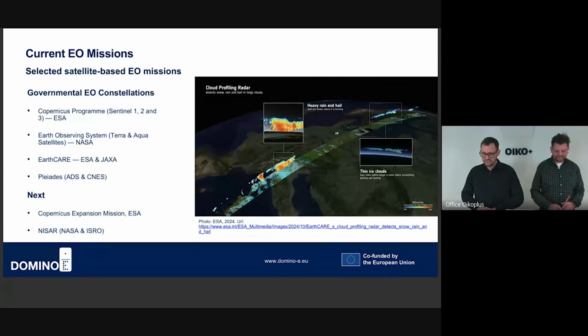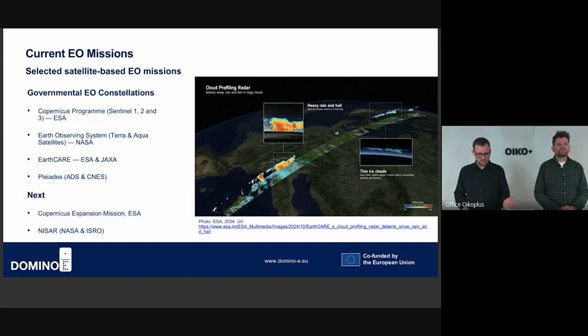We have the NASA Terra and Aqua satellites that are complementing the Copernicus program, allowing for long-term observation of the Earth's energy, land, and water systems. We have EarthCARE, an ESA and JAXA collaboration that is pushing the frontier in atmospheric dynamics, also trying to improve our understanding of cloud aerosol interactions.